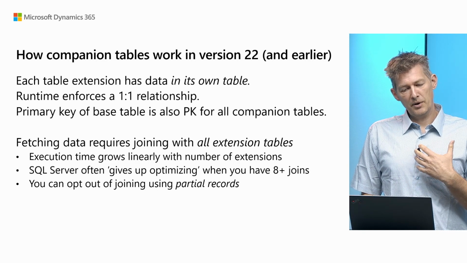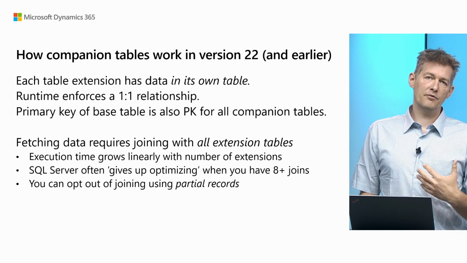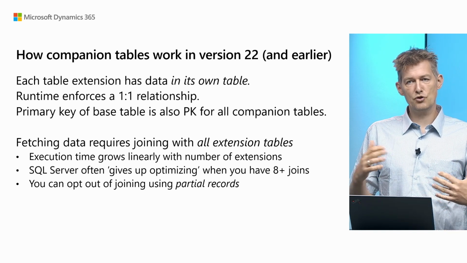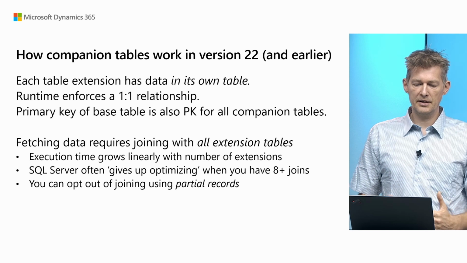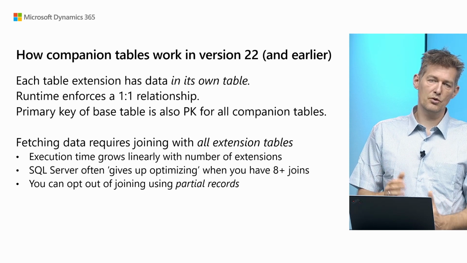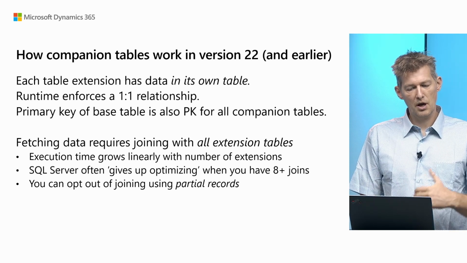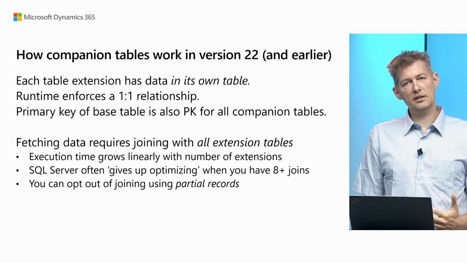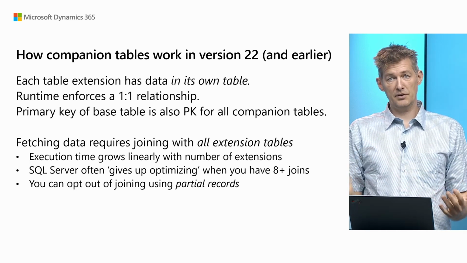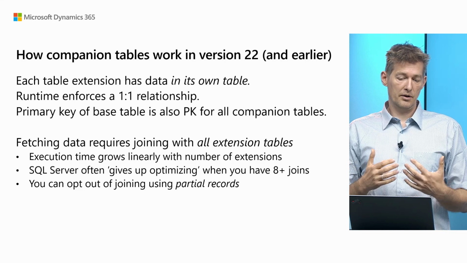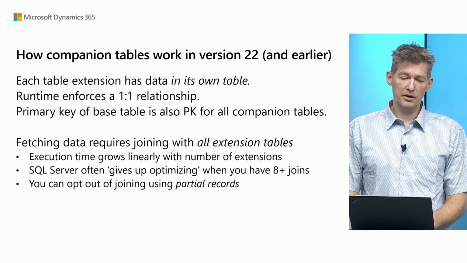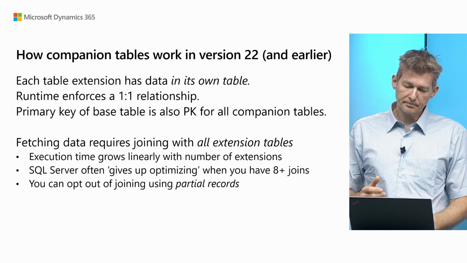Now, when we fetch the data from the AL runtime, we will simply join all these extension tables unless you use partial records. And this means that the execution time, because of these joins, will grow linearly, probably, with the number of table extensions.